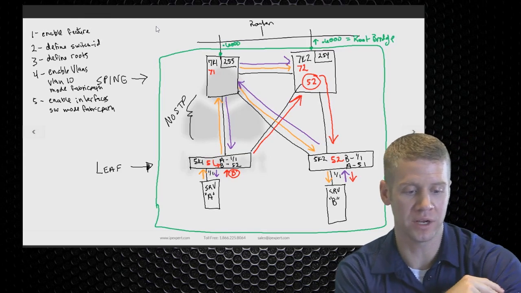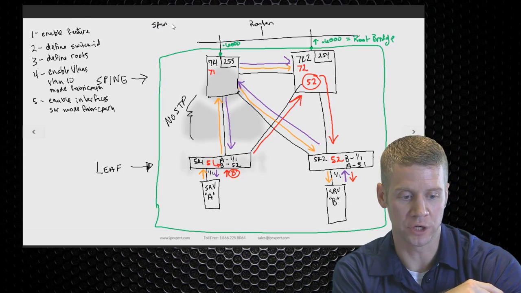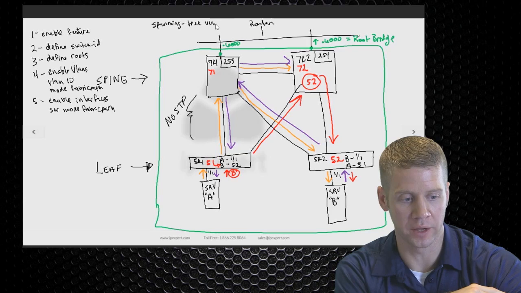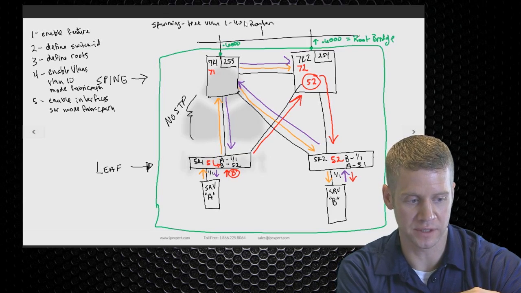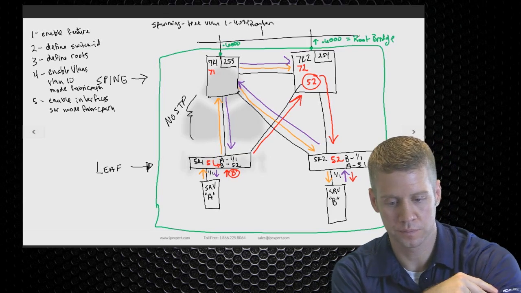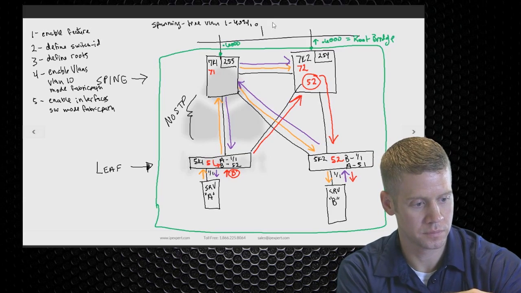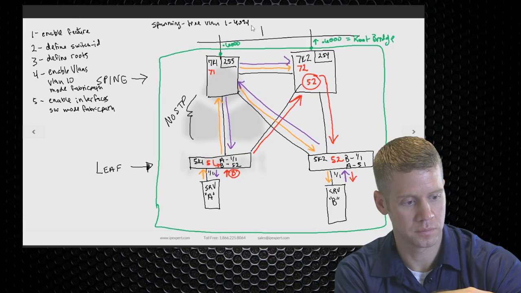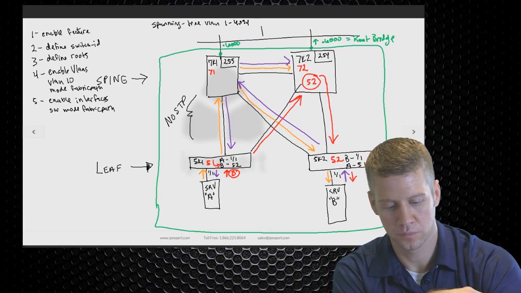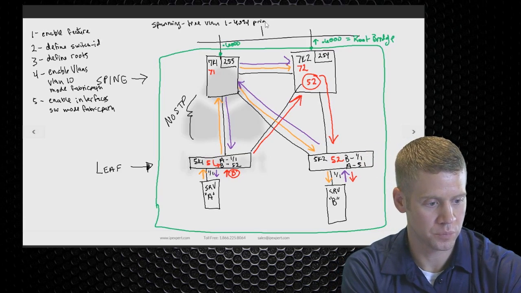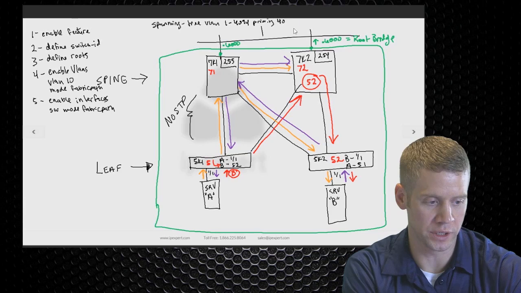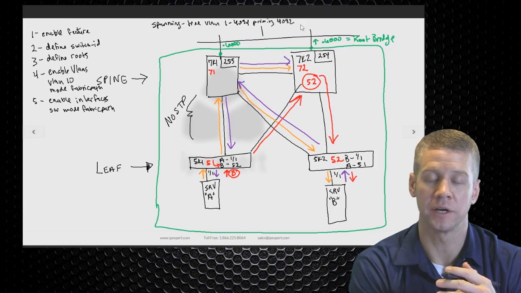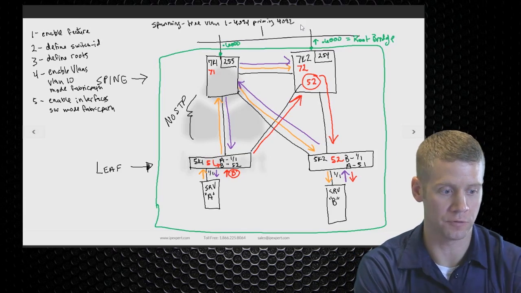So we could come in and we could say, spanning tree VLAN 1 through 4094 priority 4096, okay?